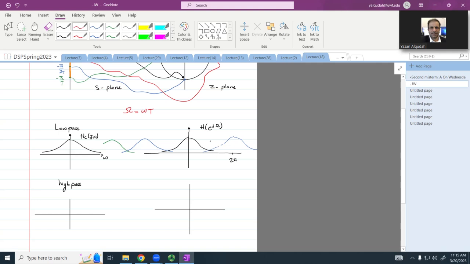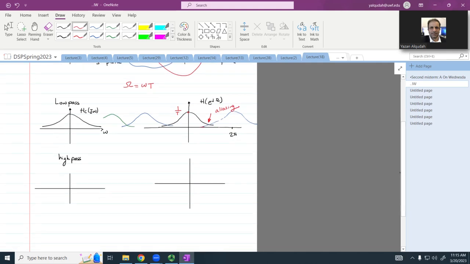Now what happened here? Aliasing. And this magnitude is 1 over T. So therefore, the filter in the discrete time domain is going to have almost the same shape as the low pass filter, but it's also going to have aliasing added to it.